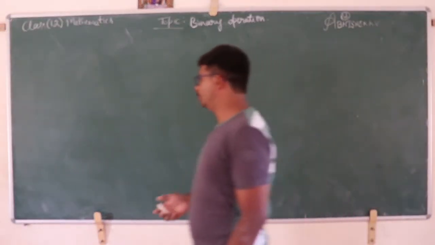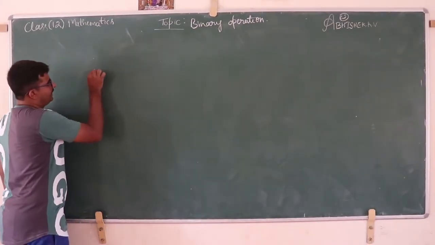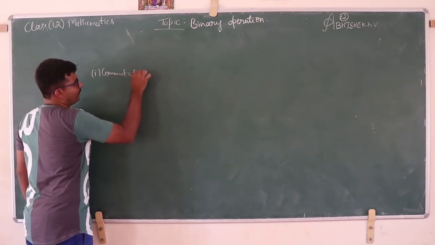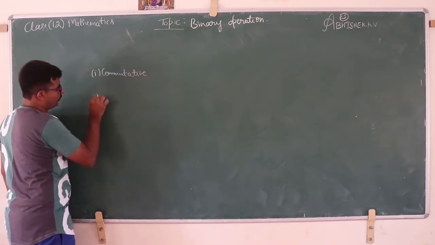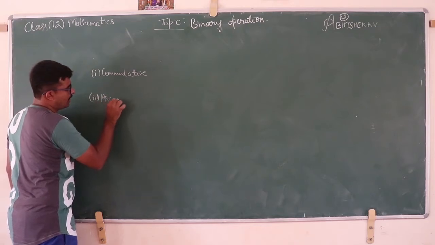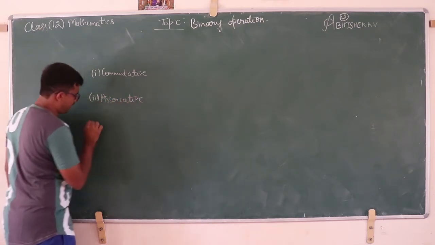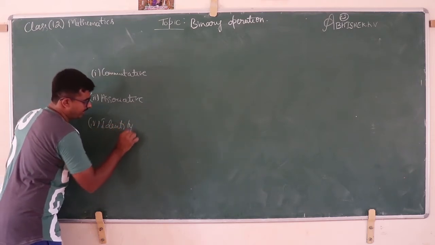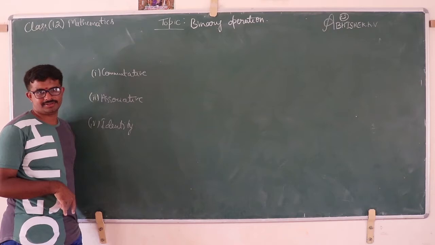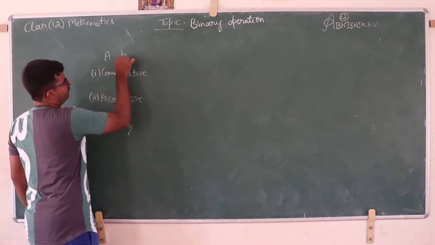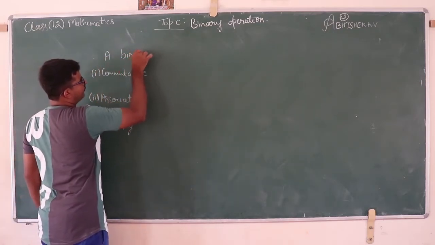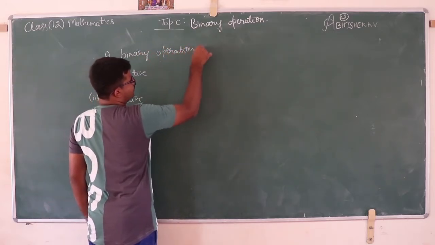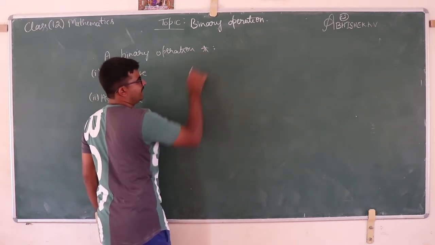So now I move on to the definition of commutative, associative and identity for the given binary operation. That is, a binary operation is denoted by what? Star on a given set.